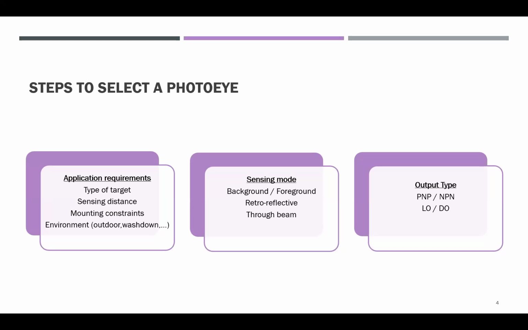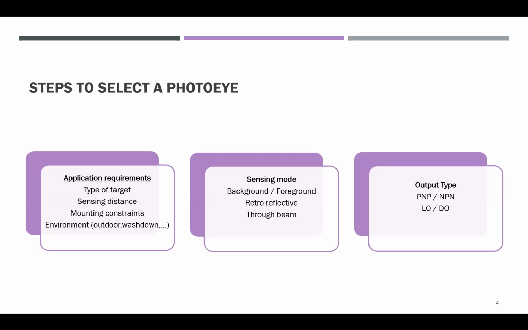The next important thing is sensing distance. Sensing distance is another important factor, because that helps us determine whether we have to go with something without a reflector, or we need a through beam sensor, or something really high distance with the help of a reflector. So that's the second point. Third is mounting constraints.